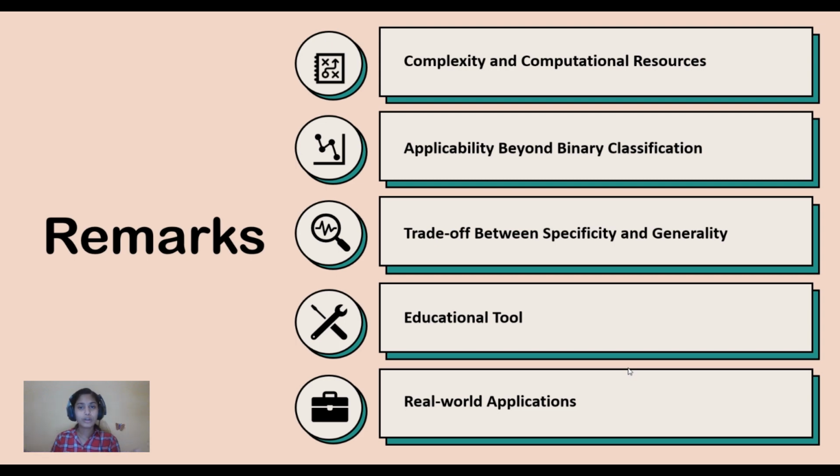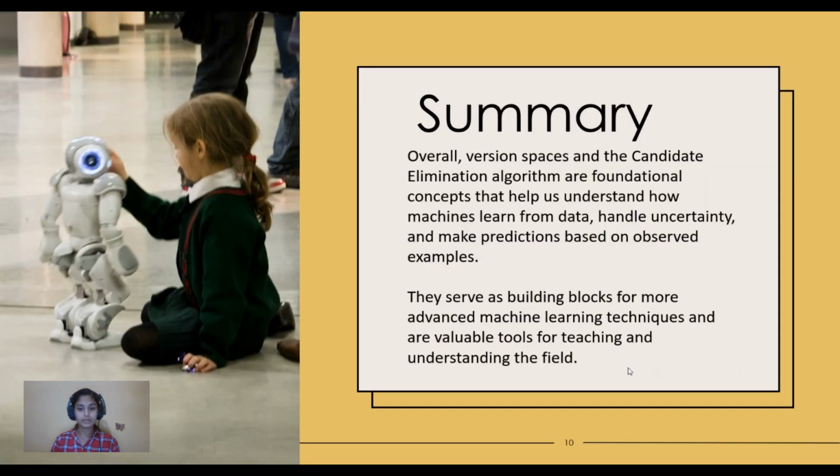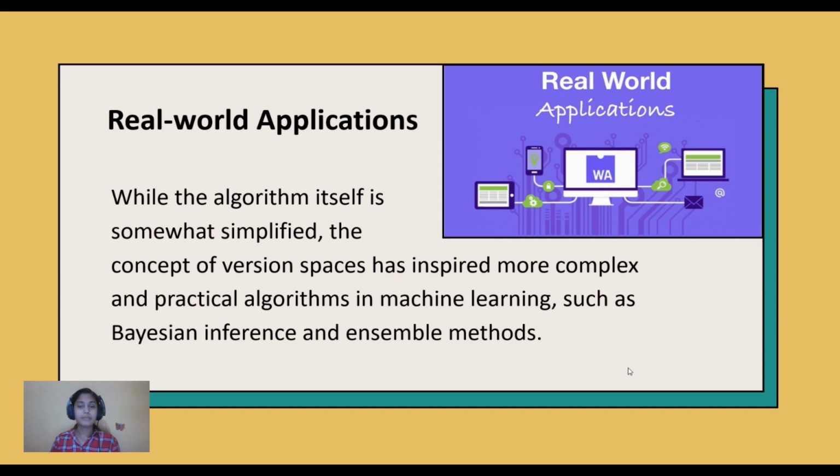We work with both the most specific hypothesis and the most general hypothesis. Educational tool: it is used in different kinds of machine learning models to train them. Real world applications: these are also used in complex things like Bayesian inference and, what was it, ensemble methods.